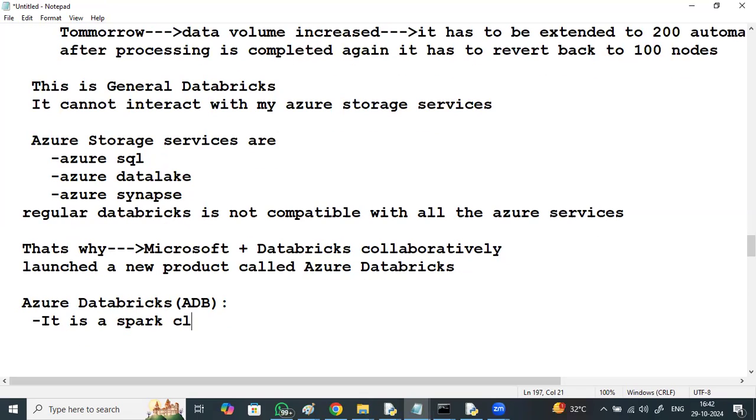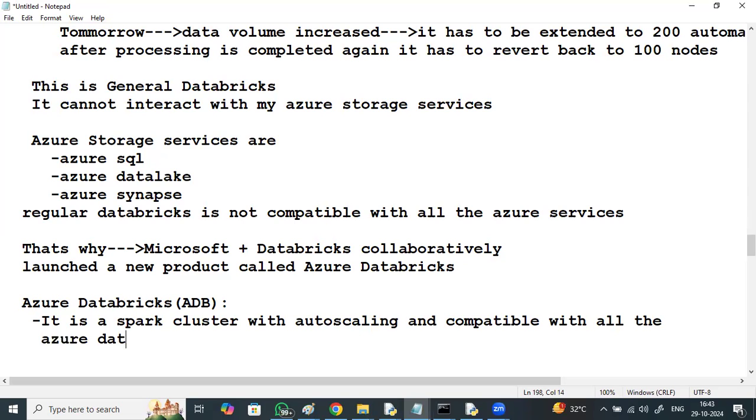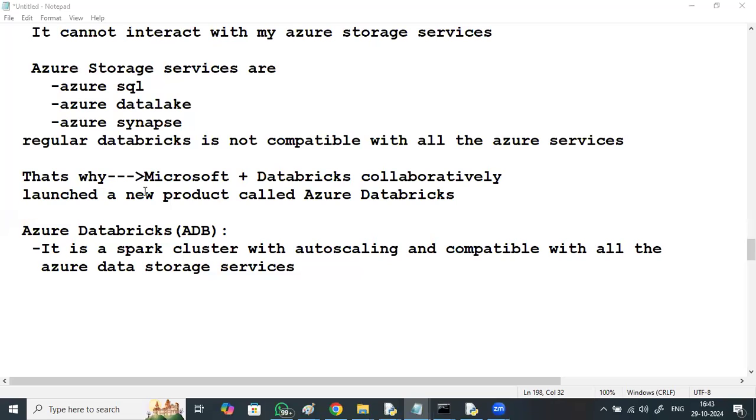I can say Azure Databricks is a Spark cluster with auto scaling, and compatible with all the Azure data storage services.